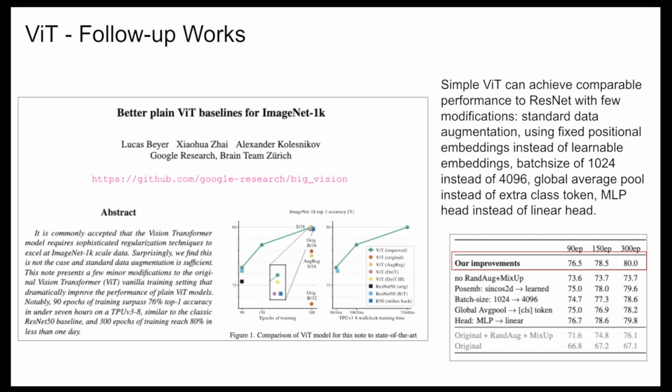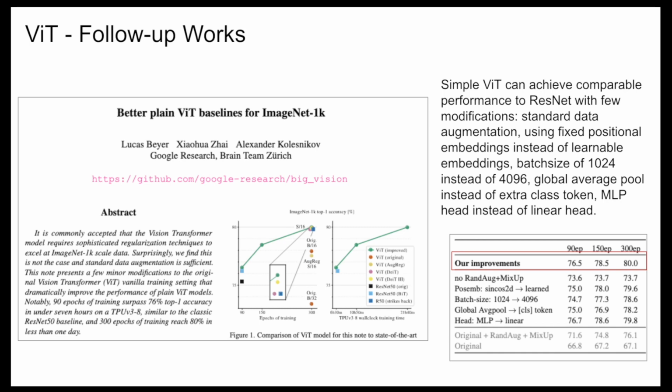So I think the key thing here was that simple ViT can basically achieve comparable performance to ResNet by changing a few things. One is using standard data augmentation, using fixed position embedding instead of learnable embeddings, changing batch size from 4096 to 1024, using global average pooling instead of the extra class token, and using an MLP instead of one linear head.